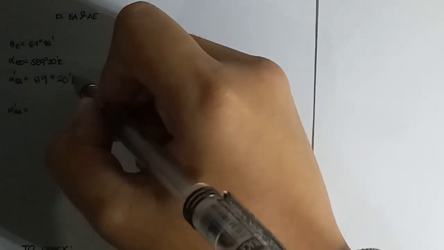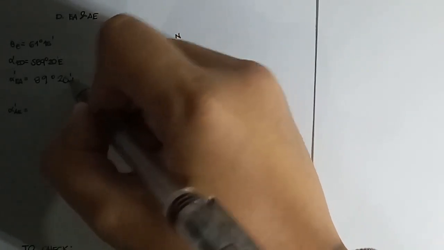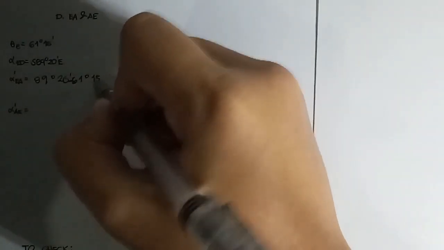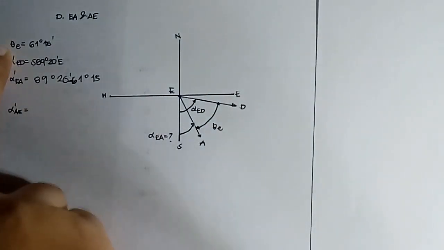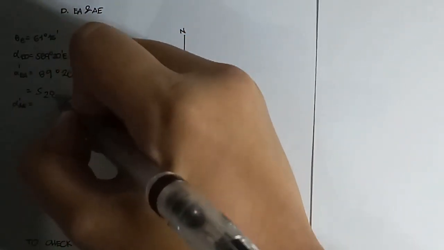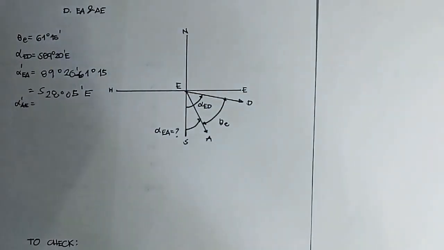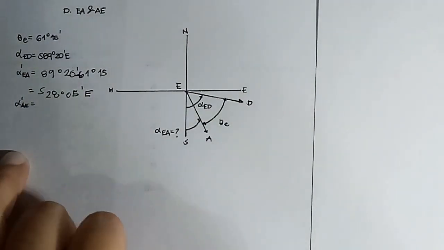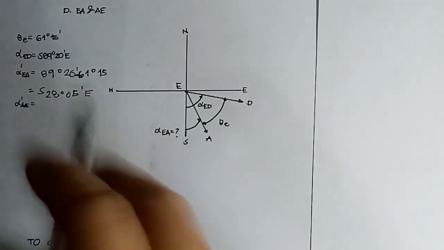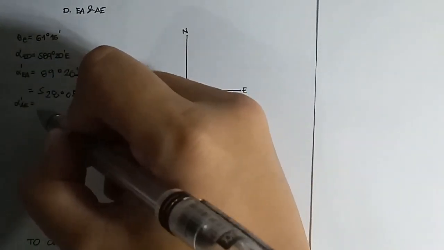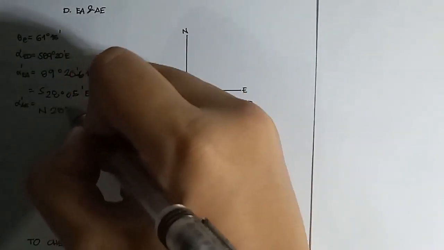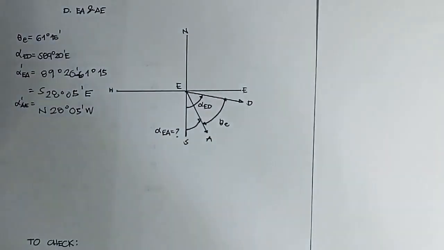So, ima-minus natin yung 61 degrees and 15 minutes na ating interior angle. So, ang kalalabasan naman niya is south 28 degrees 5 minutes east. Para makuha naman natin yung ating adjusted bearing sa AE, opposite lang din ng ating direction. So, north 28 degrees, 5 minutes west. Ngayon, nakuha na natin yung adjusted lines ng EA and AE.